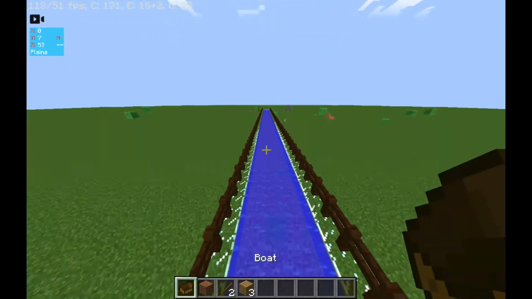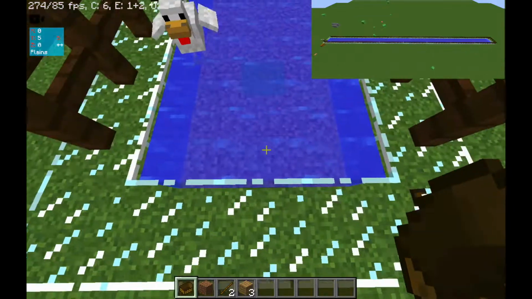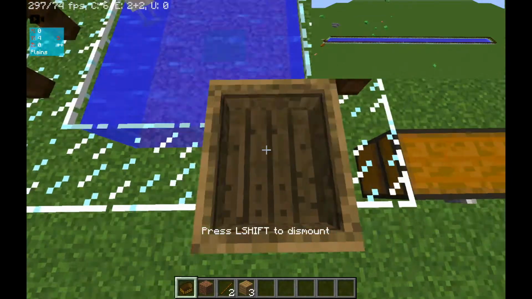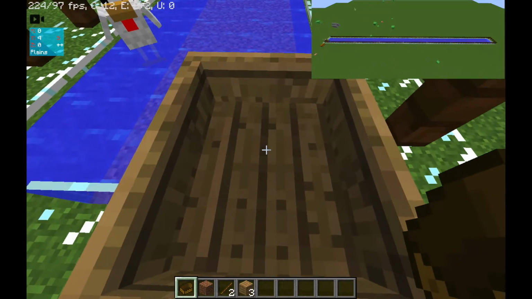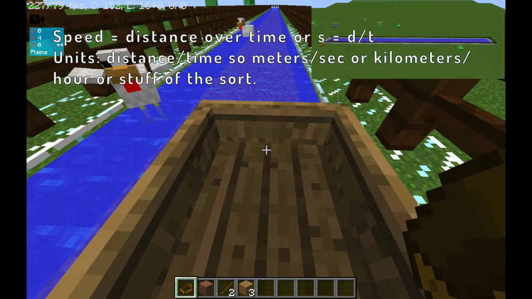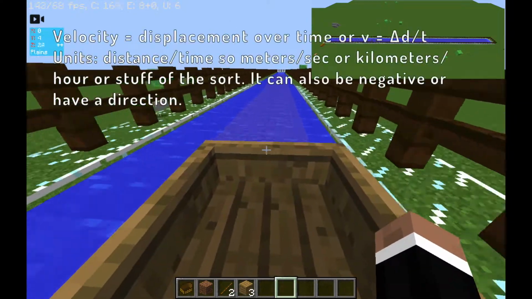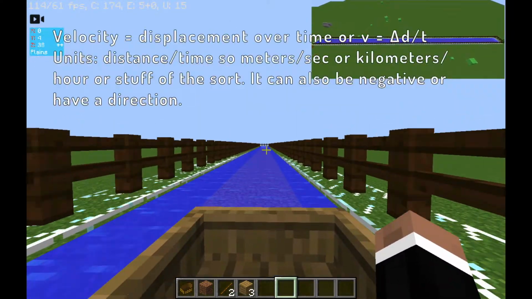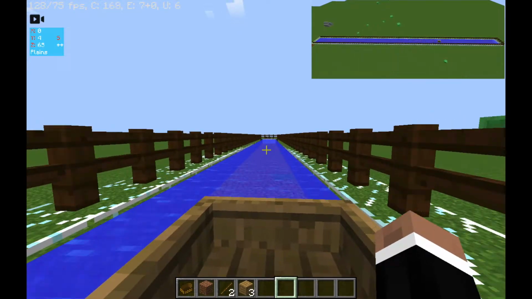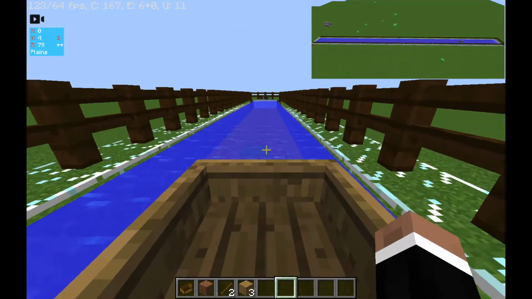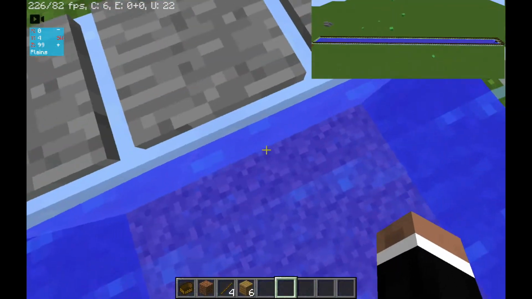Okay, so we can also use this to teach speed, velocity, and acceleration. Speed and velocity are different. Speed is distance over time, and velocity is displacement over time. And like we said, distance is how much total area you travel, and displacement is how far you move from the starting position.